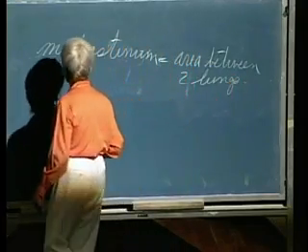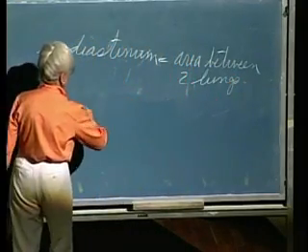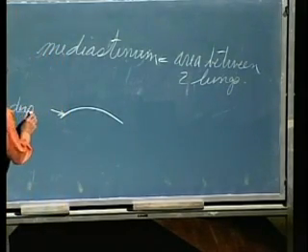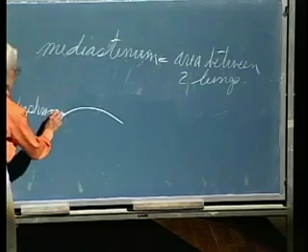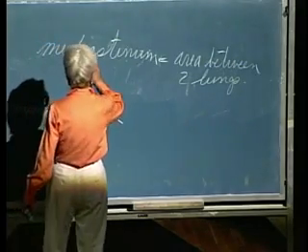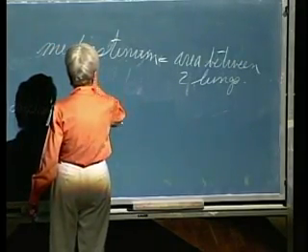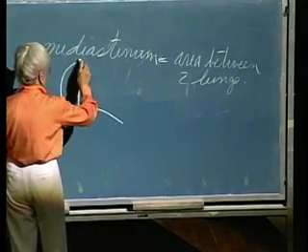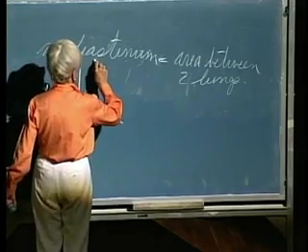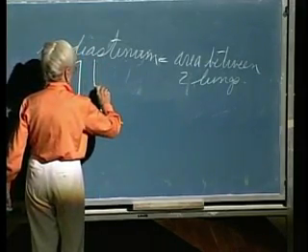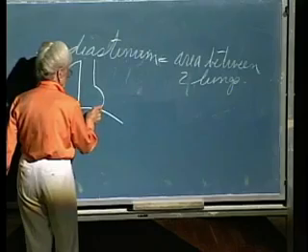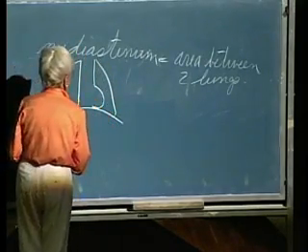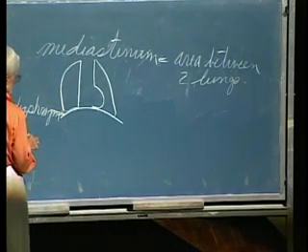So if we let's put in the diaphragm. And the right lung comes down like this. And the left lung comes down like this. It leaves what's the cardiac notch. I sort of shortchanged it a bit.